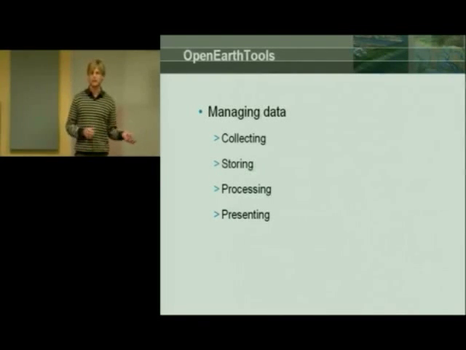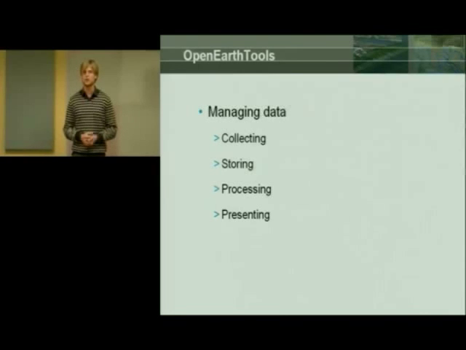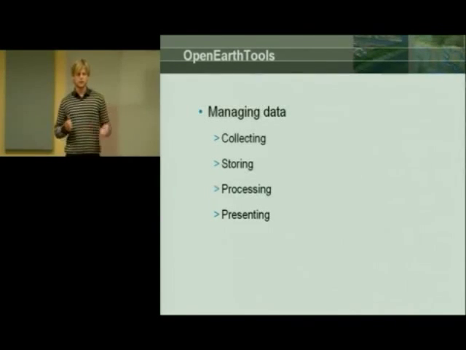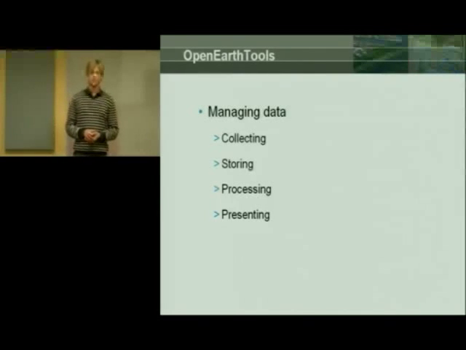So it's collecting data, getting it from whatever institute owns it, and then we store the data, we put it in manageable formats, we put everything in NetCDF, process the data, so do whatever you want with it, and then present the data to whoever's your audience. So that's the research cycle, so to say.